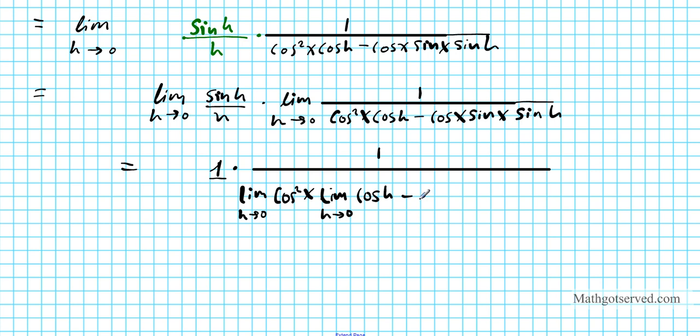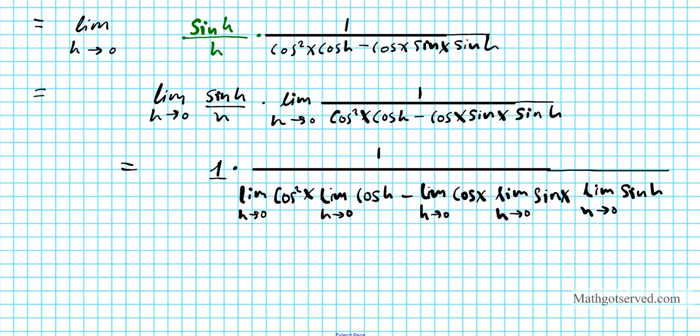Next one, minus, distribute the limit to these three also, limit as h approaches 0 of cosine x, times the limit as h approaches 0 of sine x, times the limit as h approaches 0 of sine h. Okay? A little bit long. I thought it was not going to fit, but it does.